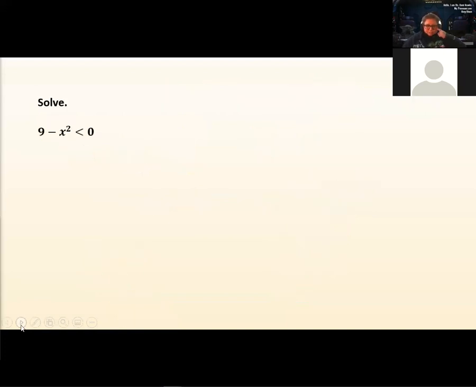All right. Now we've only got 3 left, so we're almost done. Now we have 9 minus x squared is less than 0. You can solve this graphically. I would take out the less than sign and change it to equal. Yeah, definitely.